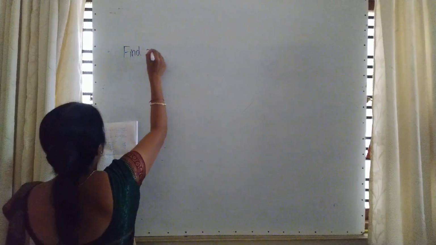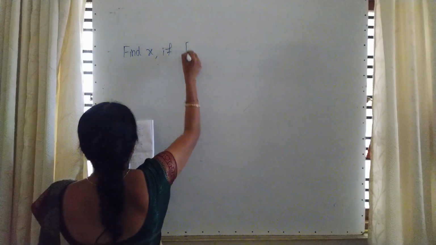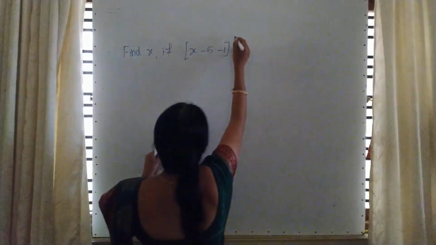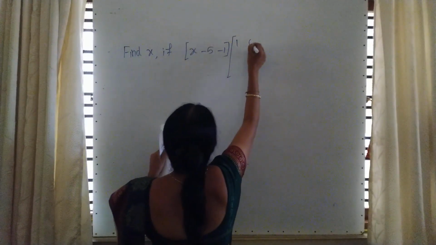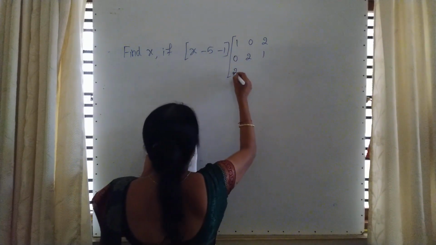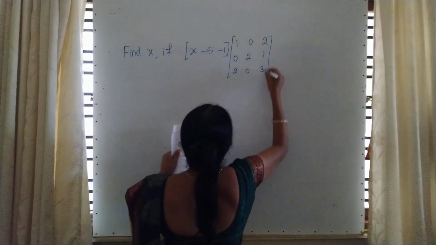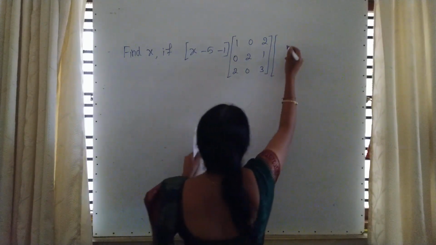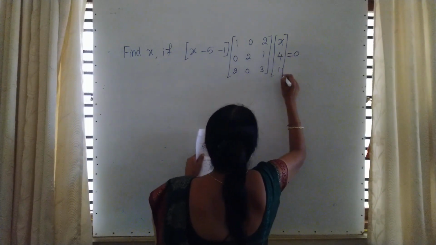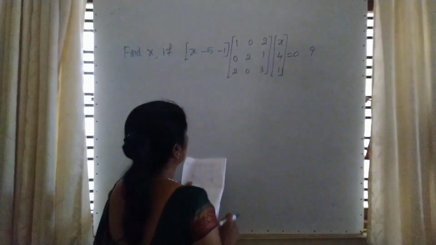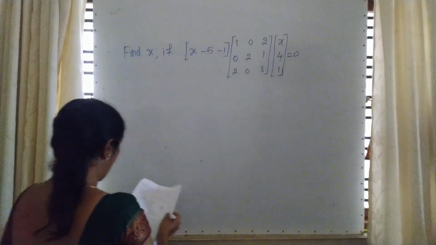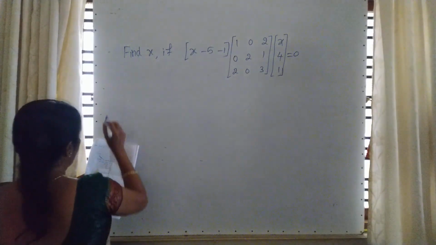Find x if [x, -5, -1] times [1, 0, 2; 0, 2, 1; 2, 0, 3] and another matrix [x, 4, 1] is equal to 0. This is a question, and a similar question I explained in today's class only. So take this as an assignment. Next question.